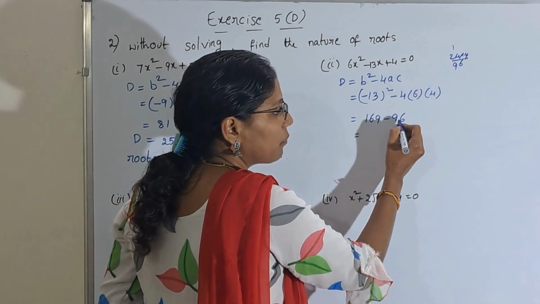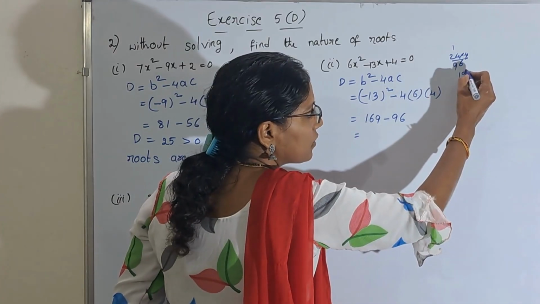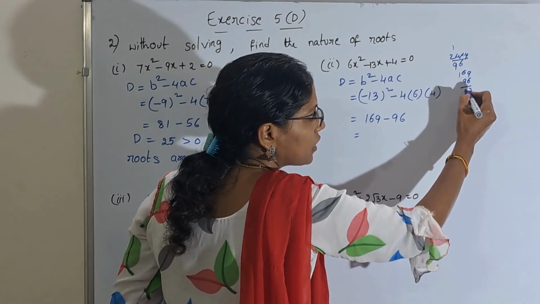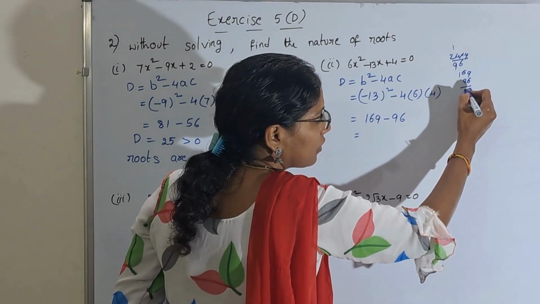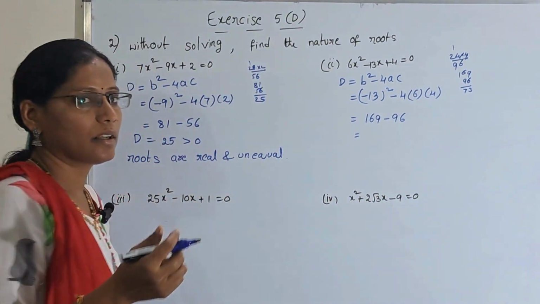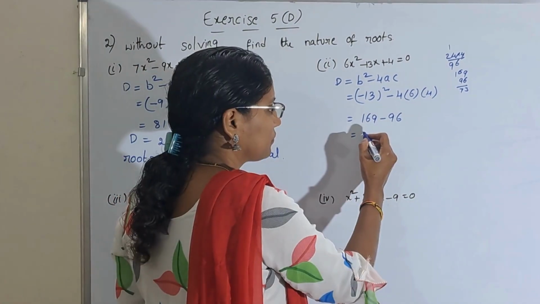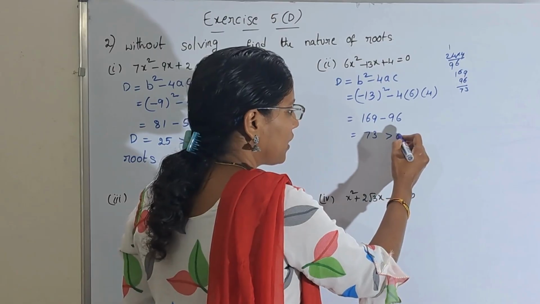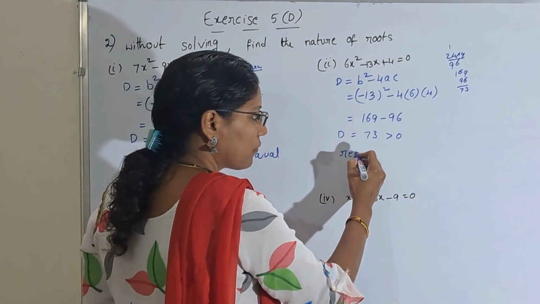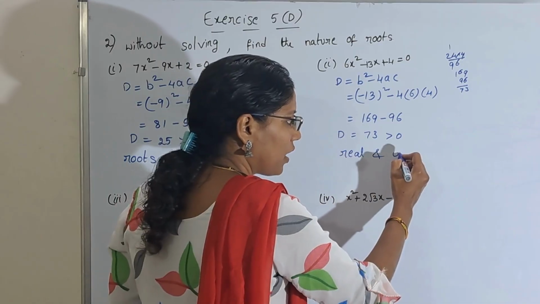Here 169 minus 96, here 73 it will come. 73 greater than 0. This is also greater than 0. So roots are real and unequal roots.